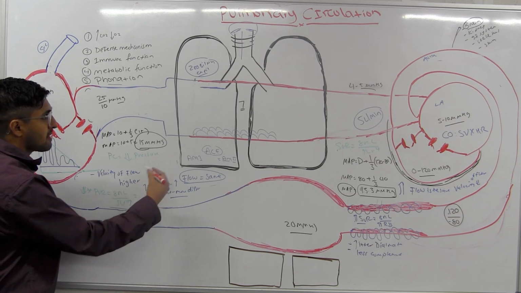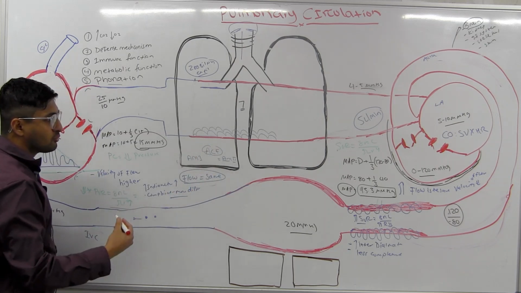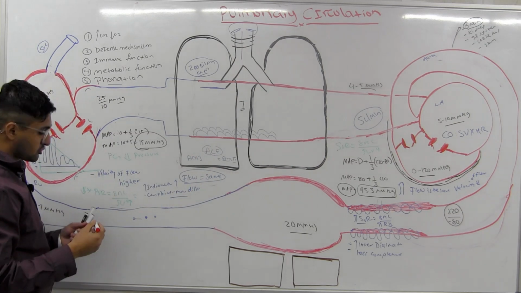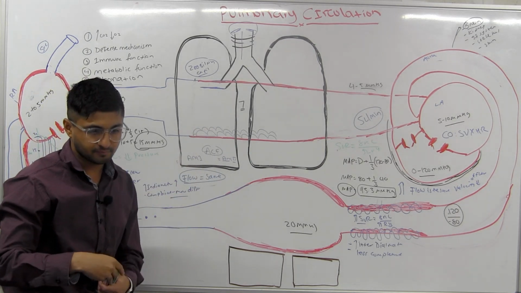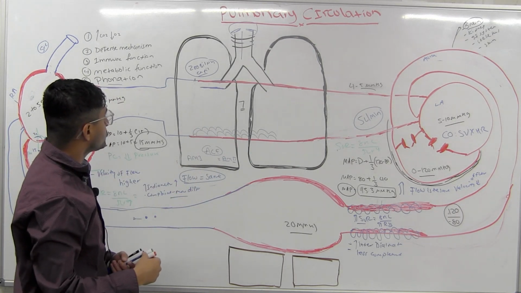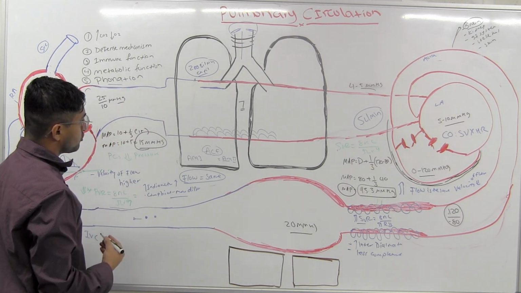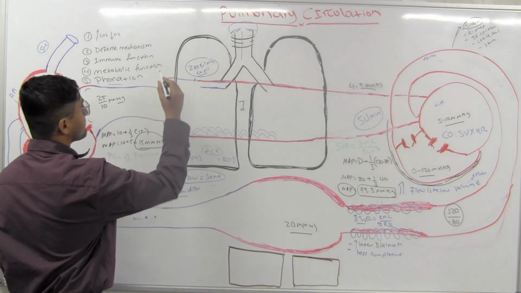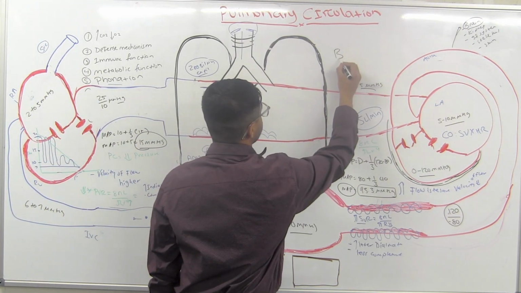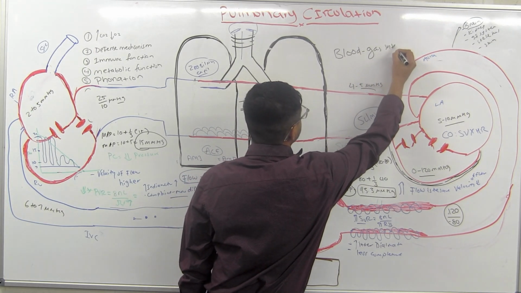We also have to talk about what is going to happen down here whenever there's an exchange of gases, because we have to talk about the blood and gas interface. So before we go, let's talk about the blood and gas interface. What does that mean? We'll write on blood and gas interface.